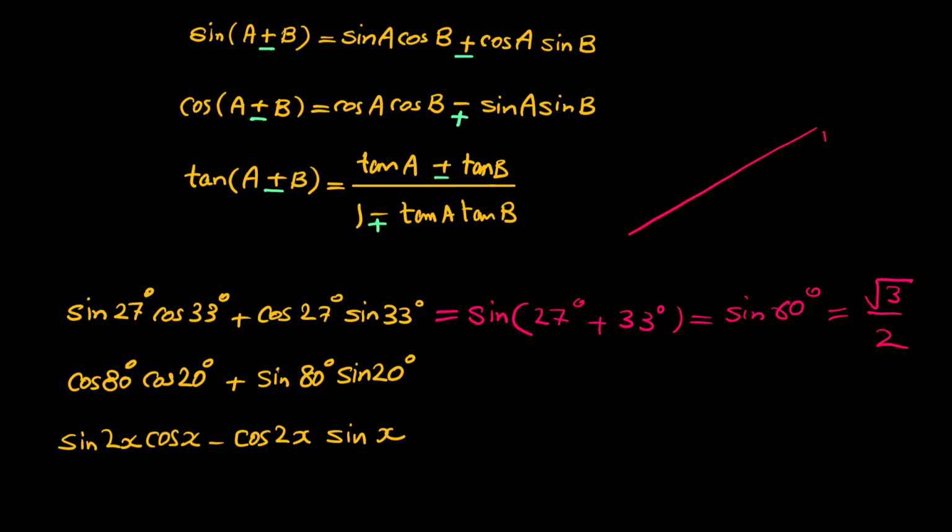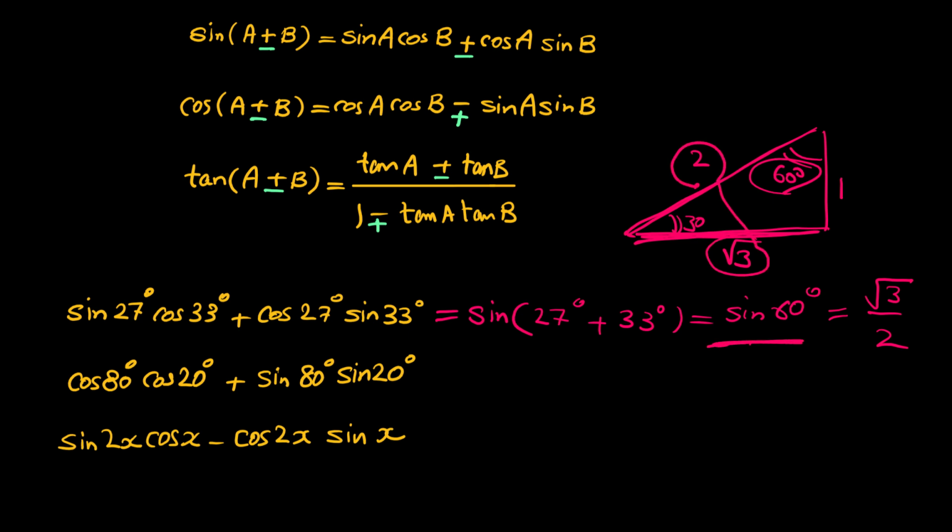Let me remind you of this important triangle. Here is 30 degree, 60 degree. Here is the square root of 3, here 1 and here 2. Sine of 60 is opposite over hypotenuse, radical 3 over 2. So sine of 60 degree is radical 3 over 2.